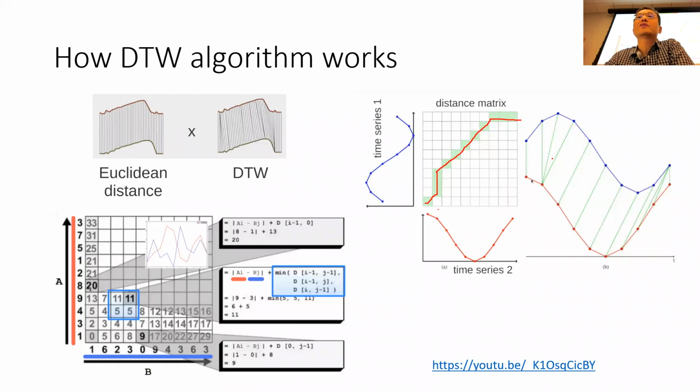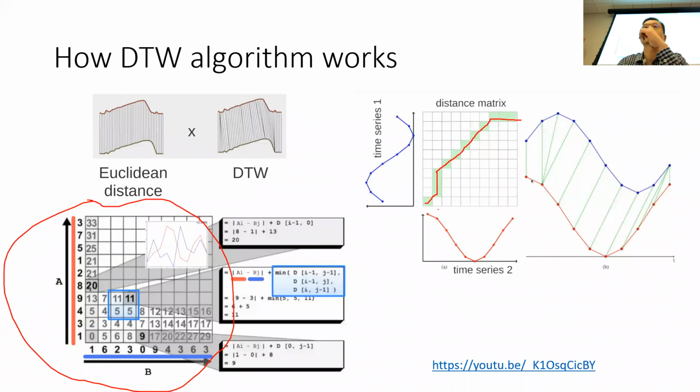After that, you build this correspondence map, from data points on one curve to another. That's your solution. So it's distance based, built on this distance matrix and dynamic programming.